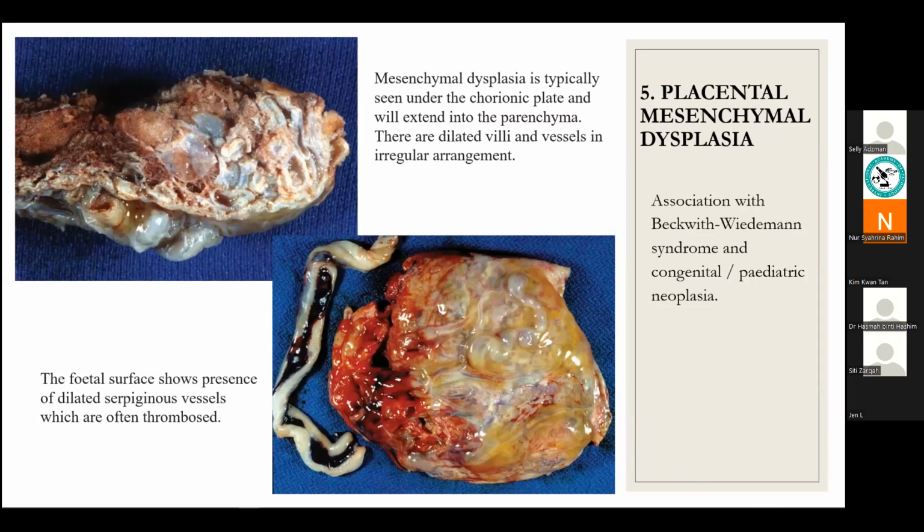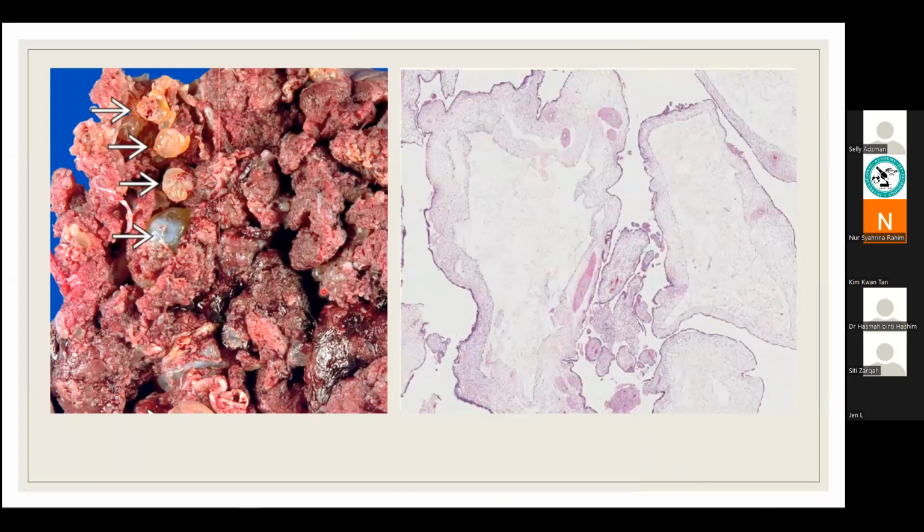So this is how it looks. In another section, you can see some grape-like lesions within the placental disc. This is how it looks under light microscopy. It really looks like hydropic villi, and it will strike you whether this is a hydatidiform mole.